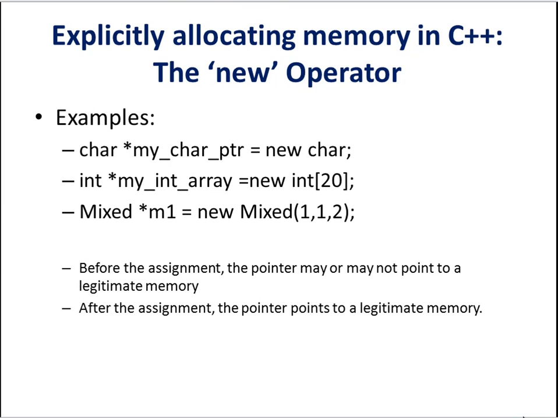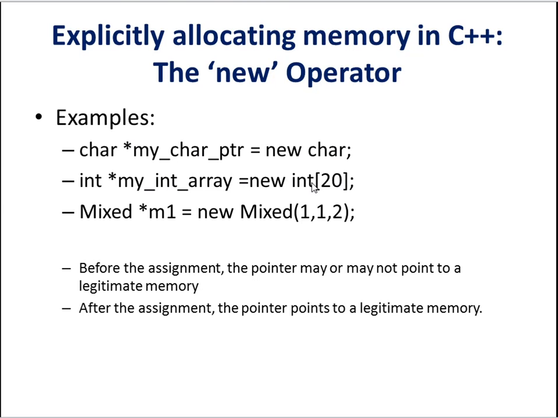These are some of the examples: char star my_char_ptr equal to new char. In this case, we are allocating memory for a character, which returns a character type pointer, and we assign my_char_ptr to the address of this allocated character memory. int star my_int_array equal to new int 20.